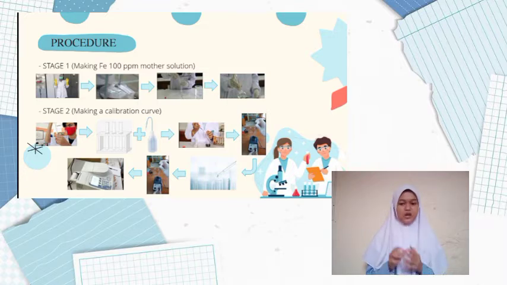Then homogenize using a shaker. Next, add 0.25 ml of 0.01 normal KSCN solution using a dropping pipette. After that, homogenize using a shaker. And finally, measure the FA mother liquor with a spectrophotometer at a wavelength of 480 nanometers.